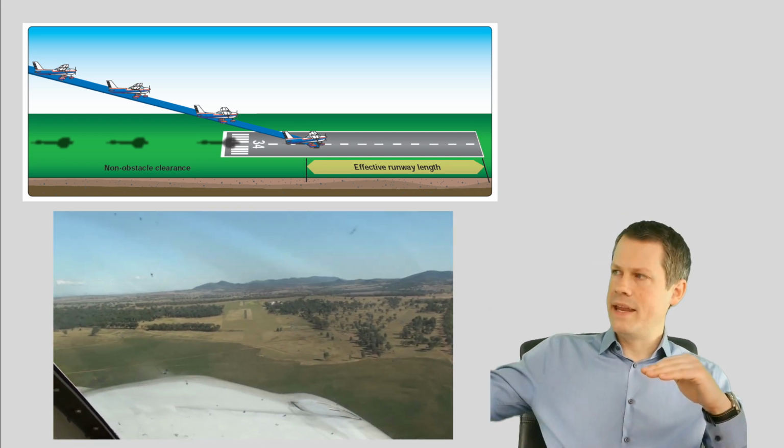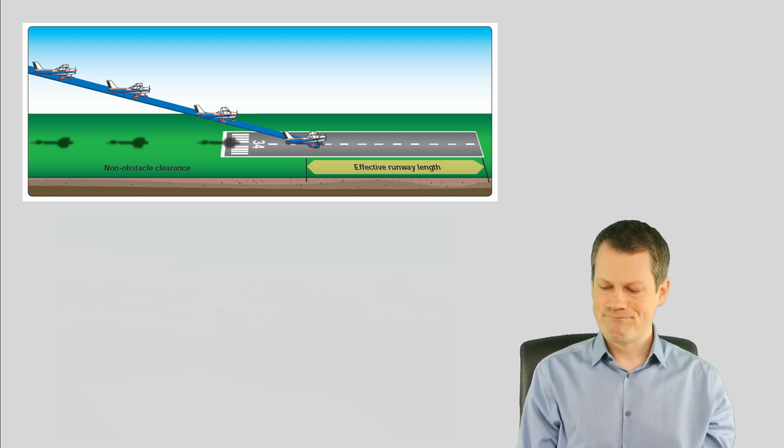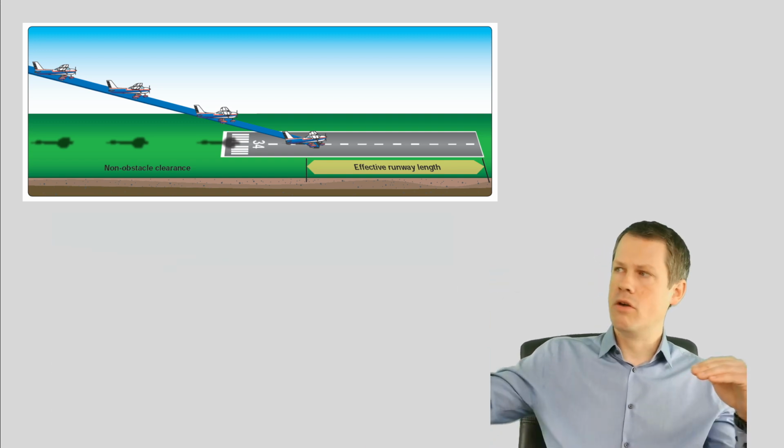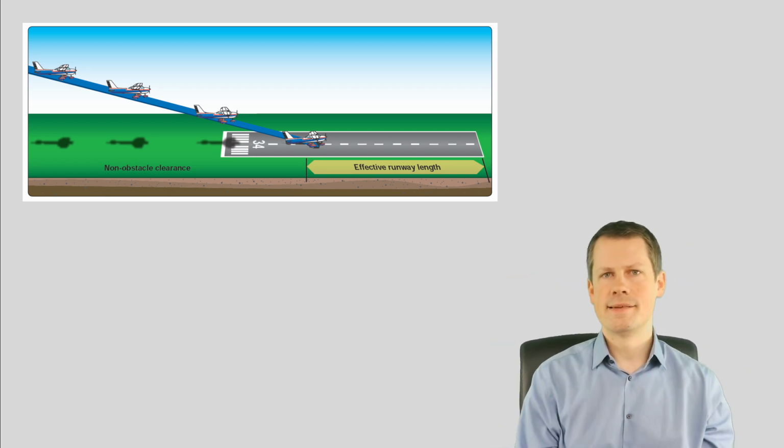You really shouldn't drag it in over obstacles, because what if you have an engine failure over those trees? If you're coming in very low over trees and then you have an engine failure, you will for sure settle into those trees.